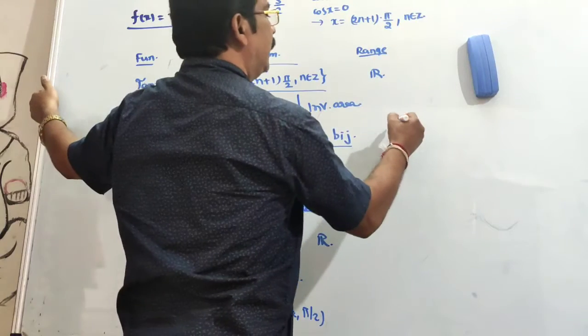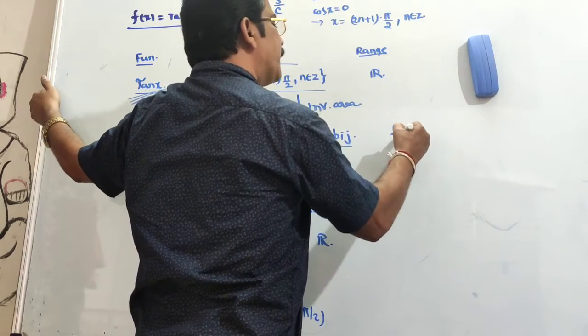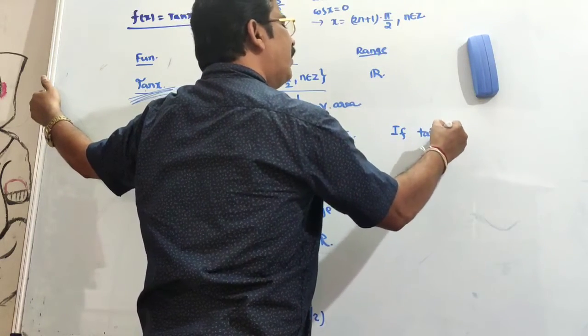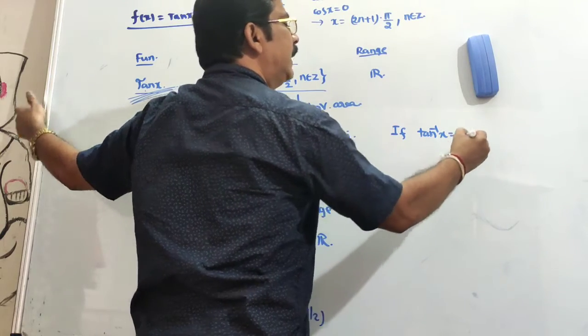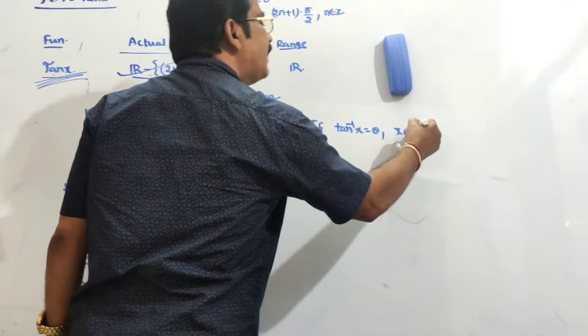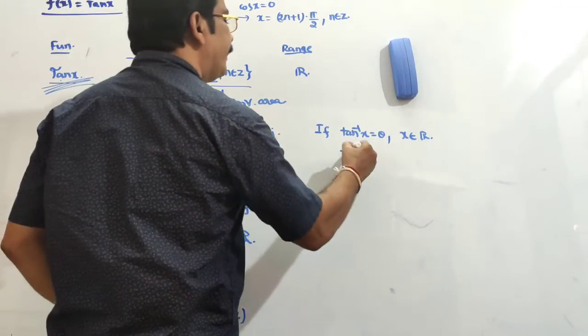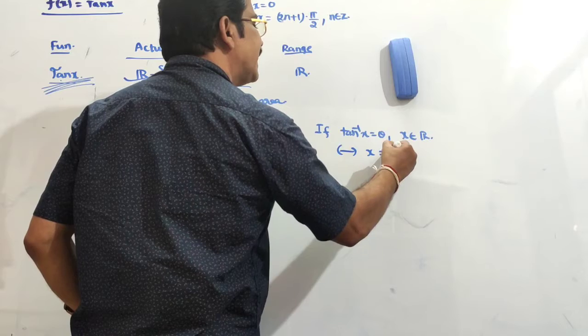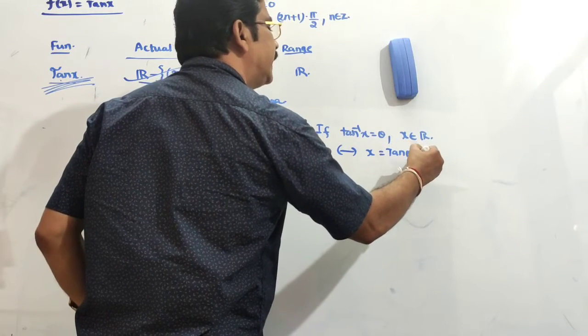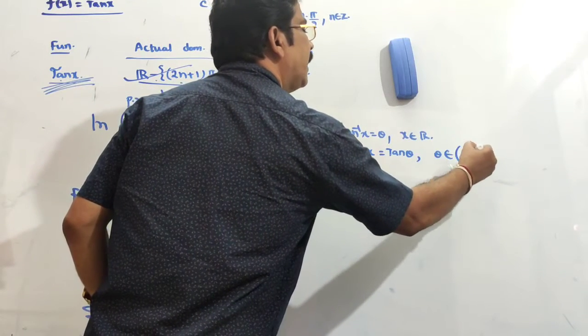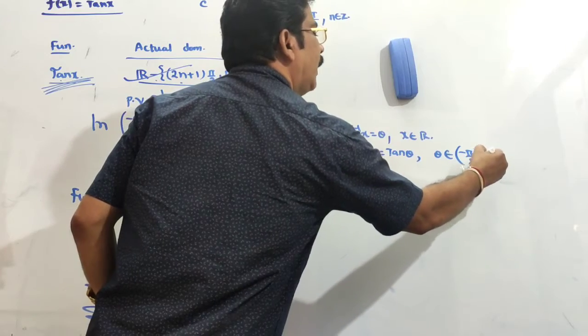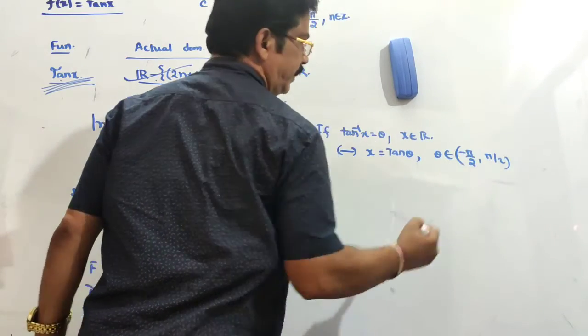So if tan inverse of x equals theta, x belongs to capital R, x being the domain, then this implies x equals tan theta. Of course, theta must belong to the open interval of minus pi by 2 to plus pi by 2.